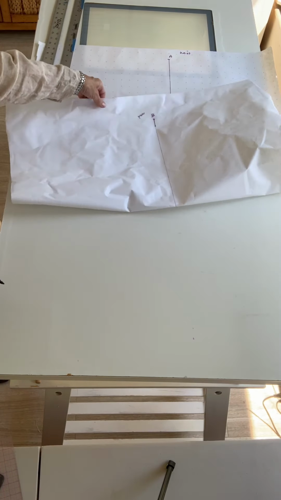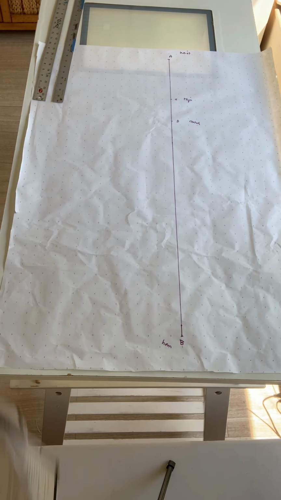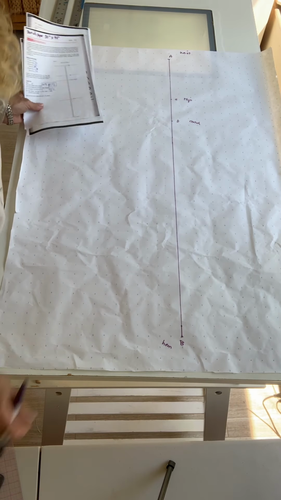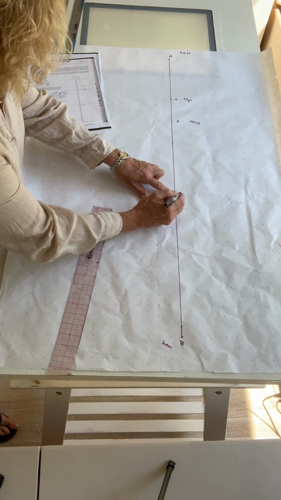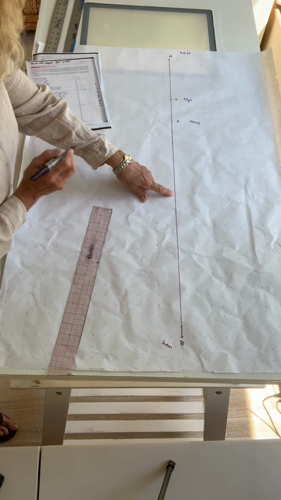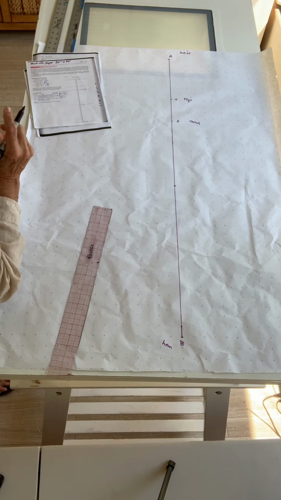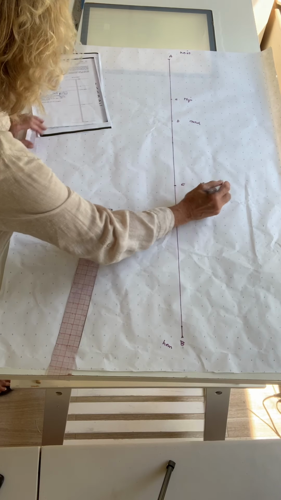That gives us half without having to do all the measurements. The directions tell us to go from that mark and go up 1 inch. On the dotted paper, the mark I folded was right here, so 1 inch is just one of the squares up. I don't even have to measure it. That's going to be E, the knee area.